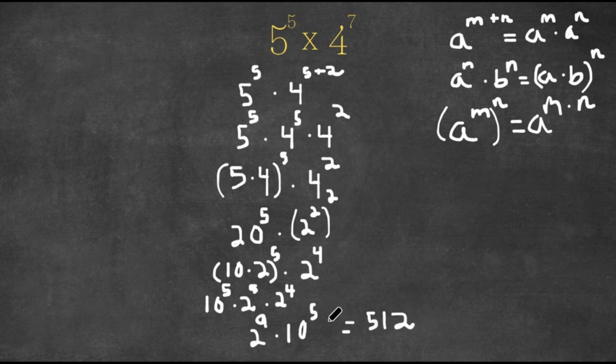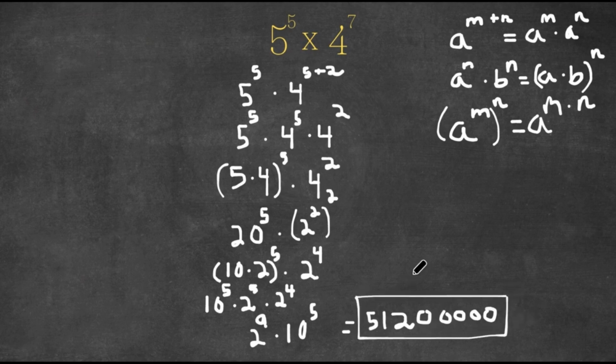And when we're multiplying something with 10 to a specific power, we're simply adding that many zeros to the number. So we're going to add 5 zeros to 512. So we have 1, 2, 3, 4, 5. So this here is our answer to this problem.